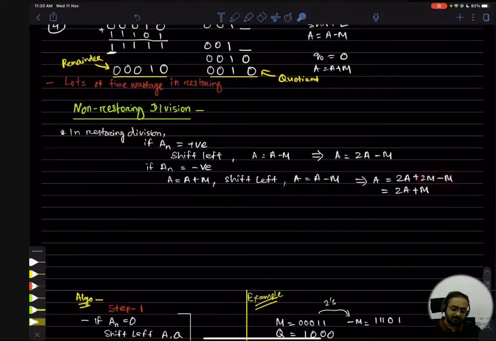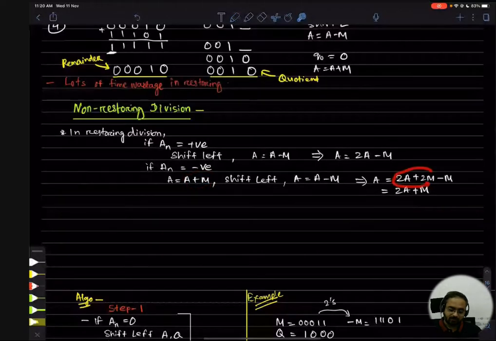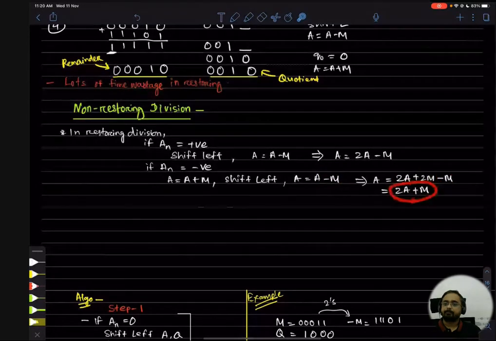How did this happen? Because you are shifting this a plus m. If you shift a plus m, it will be 2a plus 2m. Then we deduct m from it, and you will get 2a plus m. Understood?